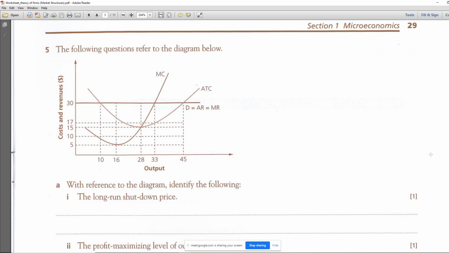Where is it? 15. Okay, so yes, 15. So that's the long run shutdown price. So when you are earning a normal profit in the long run, because now in the long run, the resources all become variable.